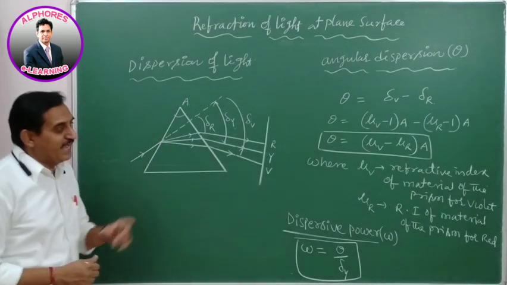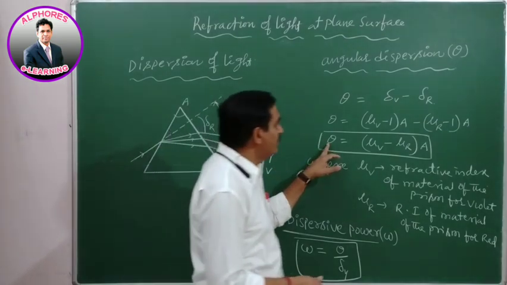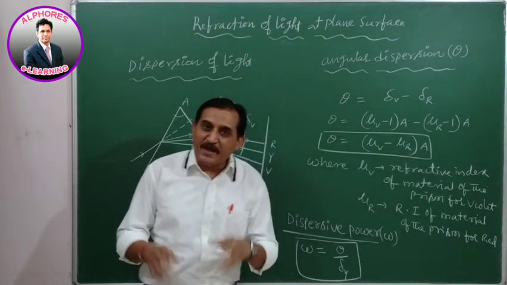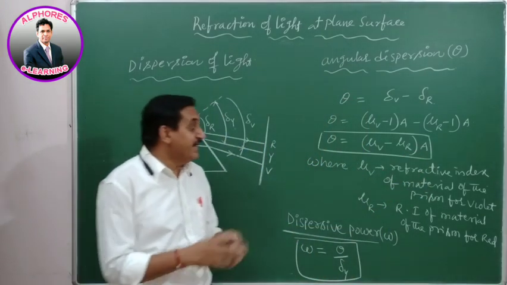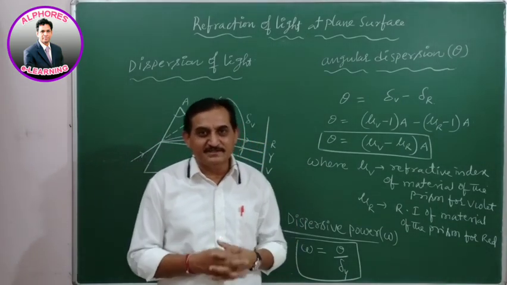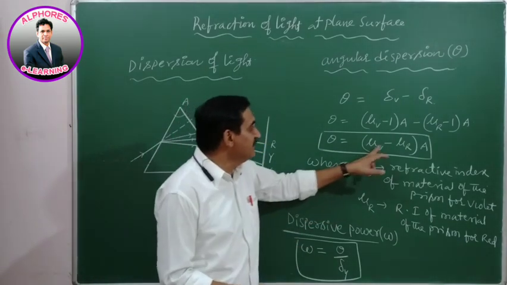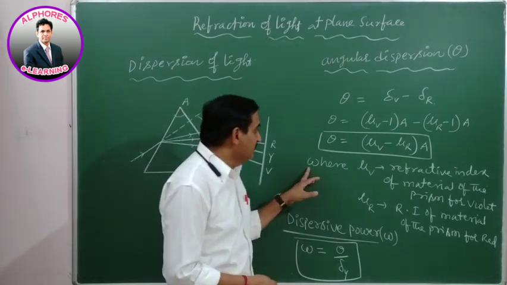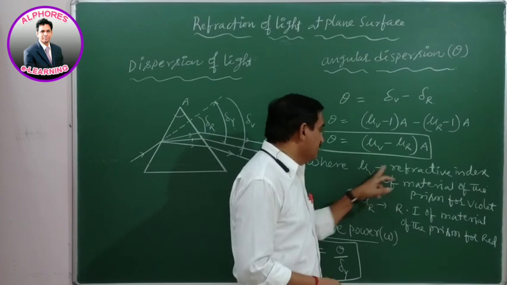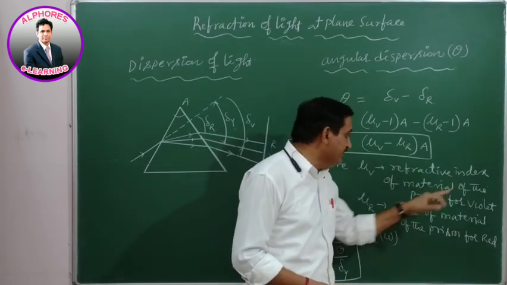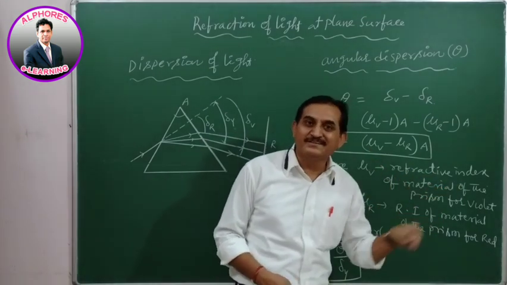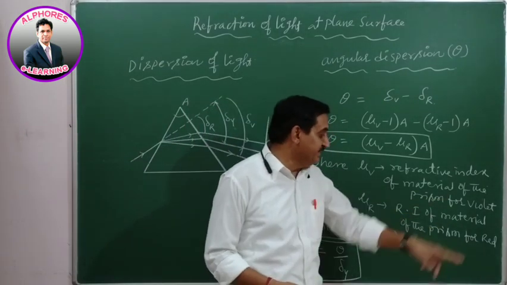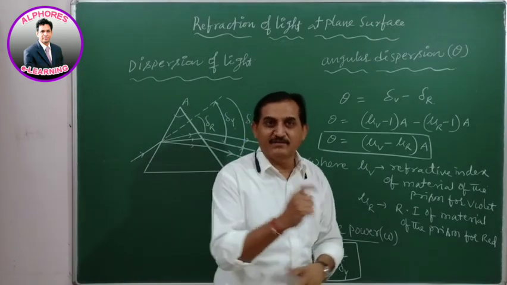But this angular dispersion depends on the angle of prism. If the angle of prism is greater, the angular dispersion will also be greater. It also depends on the refractive indices for violet and red colors. Here mu V is the refractive index of the material medium of the prism for violet color, and mu R is the refractive index of the material of the prism for red color.